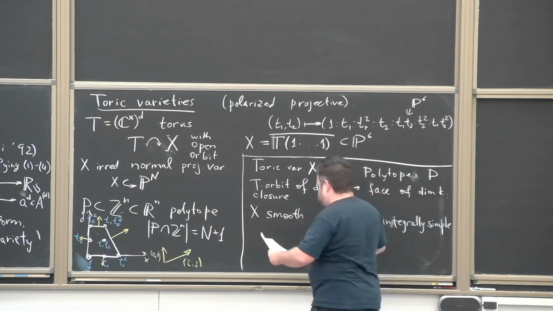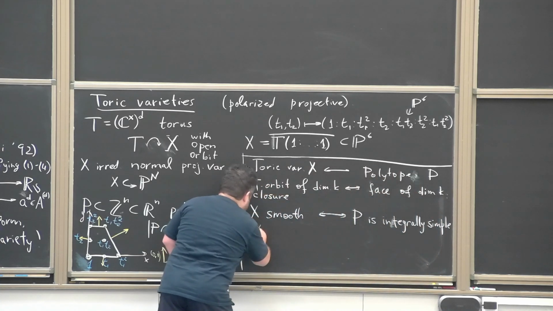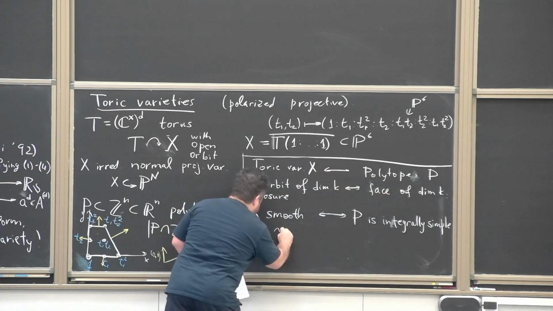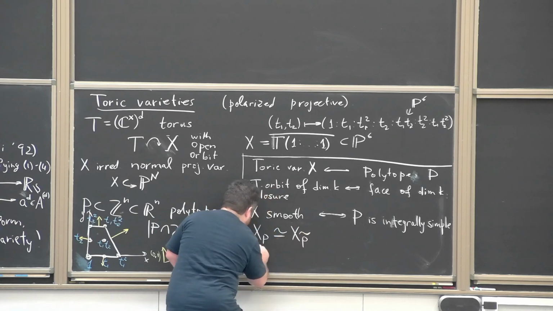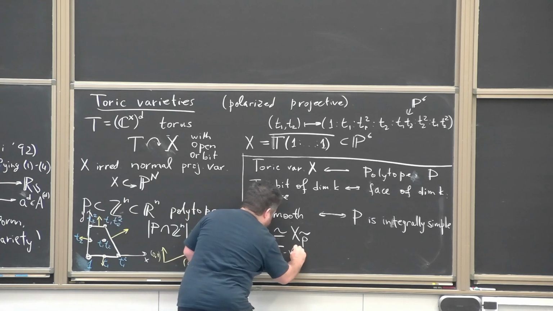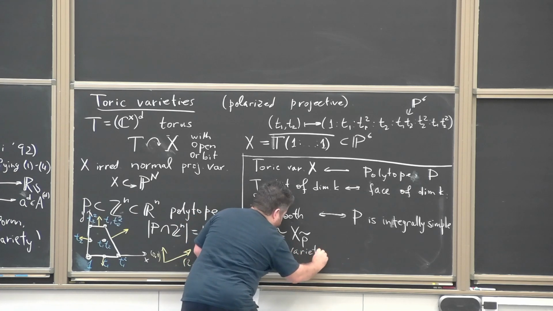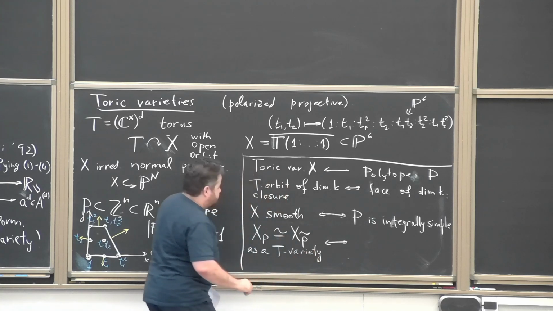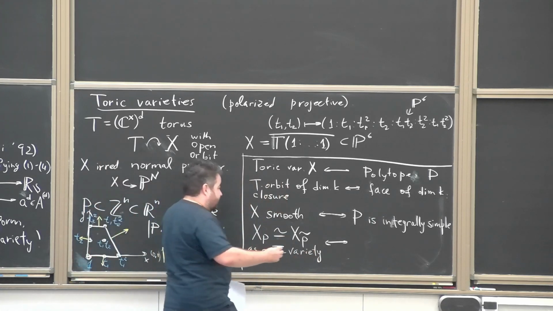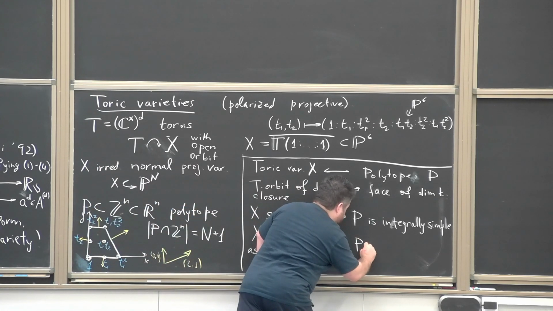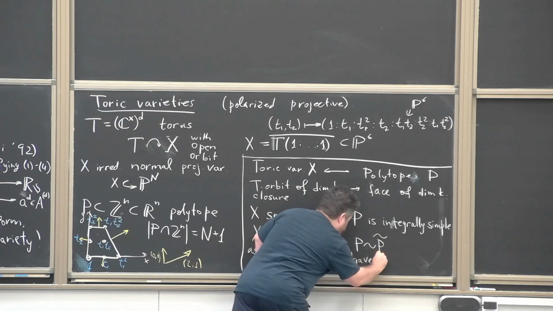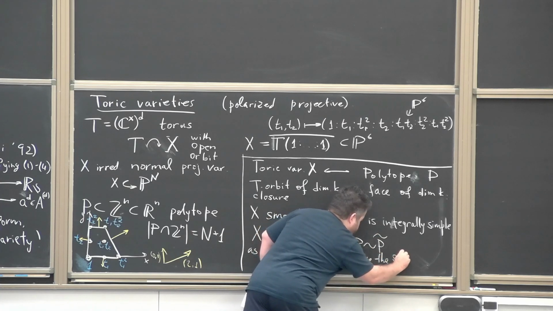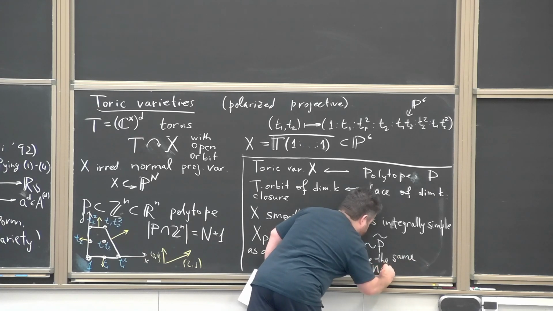X_P is isomorphic to X_P-tilde as a T-variety if and only if P and P-tilde have the same normal fan.